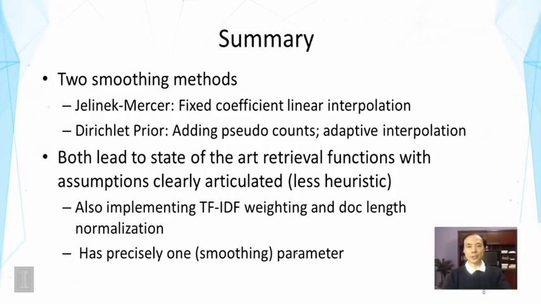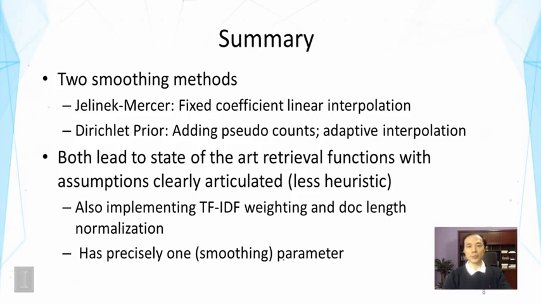So to summarize this part, we've talked about the two smoothing methods. Jelinek-Mercer, which is doing fixed coefficient linear interpolation. Dirichlet prior, which is to add pseudo counts to every word, and it's doing adaptive interpolation in that the coefficient would be larger for shorter documents. In both cases, by using these smoothing methods, we would be able to reach a retrieval function where the assumptions are clearly articulated.